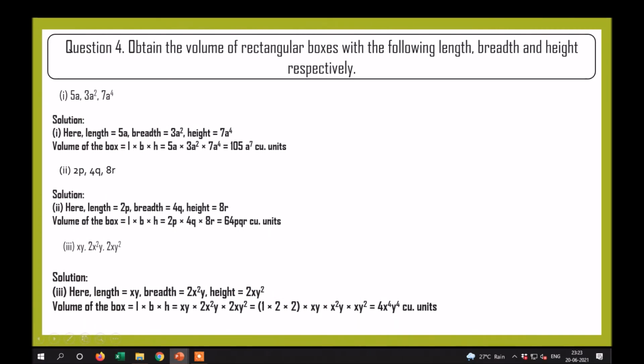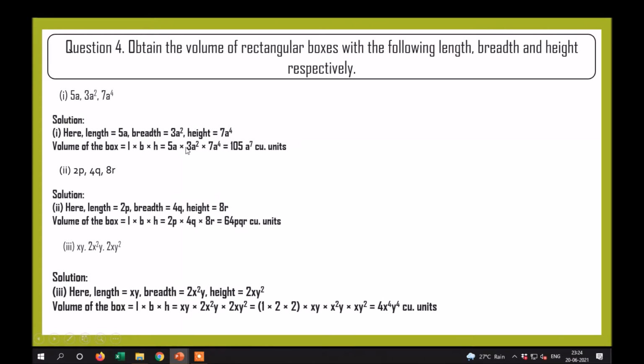Next, fourth question is obtain the volume of rectangular boxes with the following length, breadth and height respectively. So first is 5a, 3a square, 7a raised to 4. Length is 5a, breadth is 3a square, height is 7a raised to 4. Volume of box is L into B into H. So 5a into 3a square into 7a raised to 4.